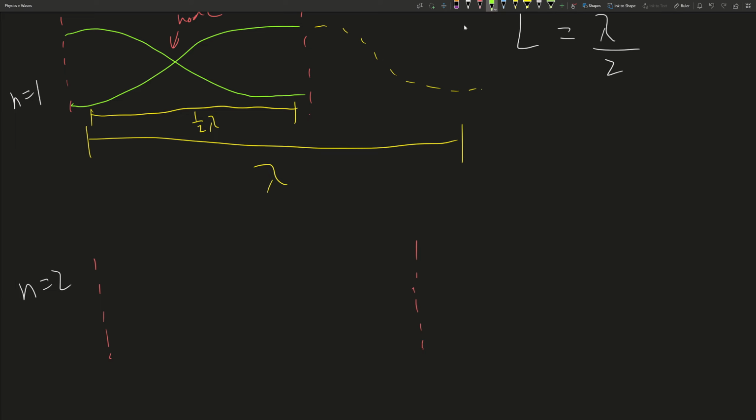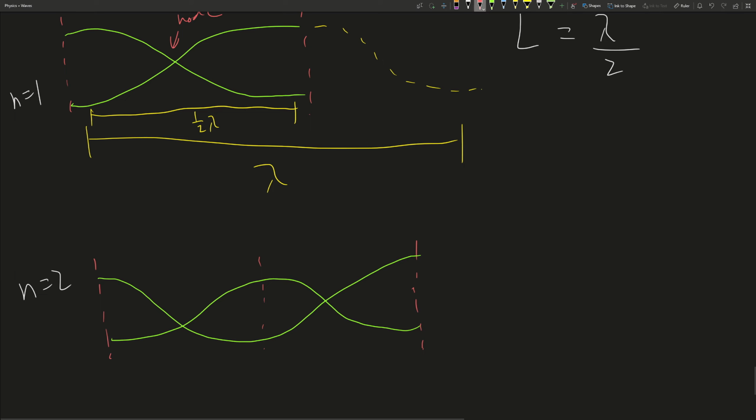So if you have an extra antinode in the middle, it still satisfies the condition that there are antinodes on both ends, but now the wave will look something like this, where you have 3 antinodes and now 2 nodes.